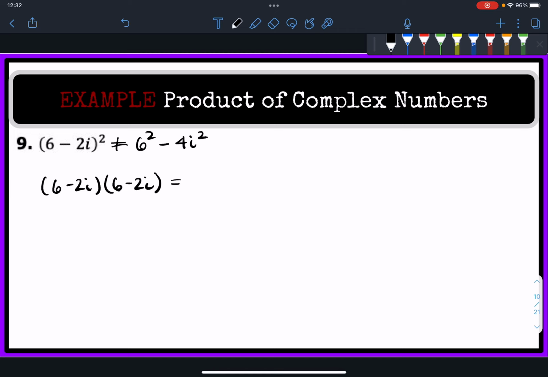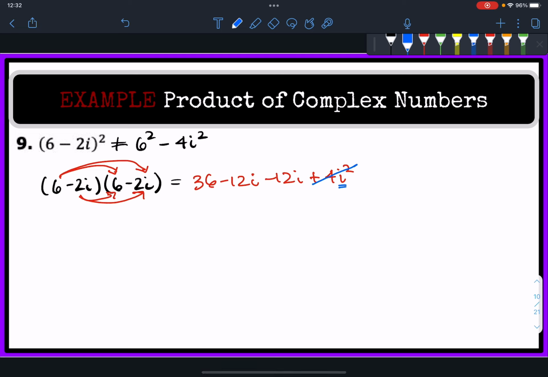I'm going to just stick with distribution now and multiply 6 minus 2i first with 6. So that's 36 minus 12i. We're going to then continue multiplying 6 minus 2i with negative 2, which is negative 12i, another negative 12i, and positive 4i to the second power. Now again, because of the i to the second power, this is going to end up becoming negative 4, multiplying a positive 4 with a negative 1.